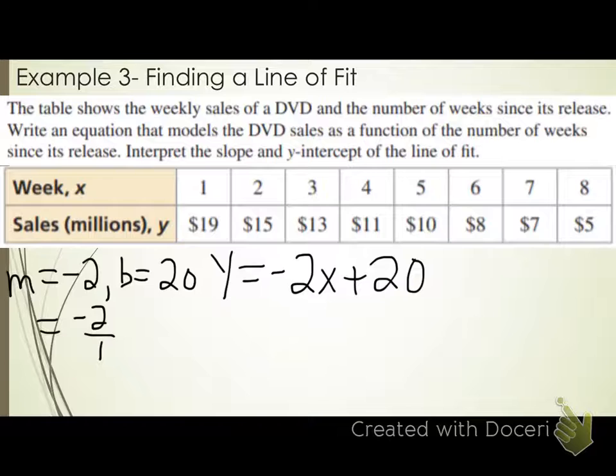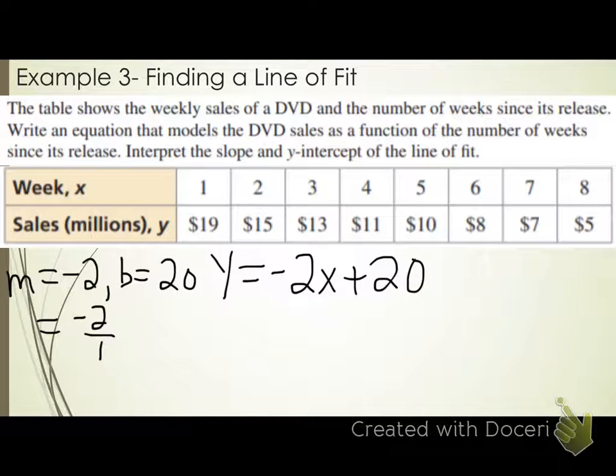Well, what are my y values representing? What are my y values representing according to my table? What's next to the y? Sales in millions, right? Over my change in x values, what's my x values representing? Weeks. So what do you think negative 2 over 1 means?